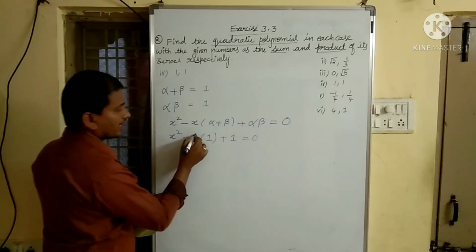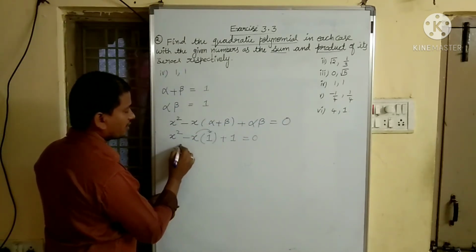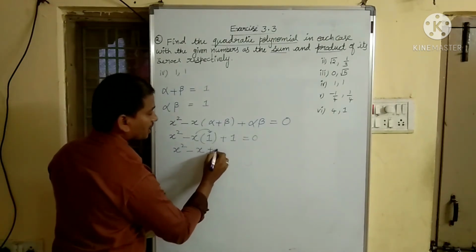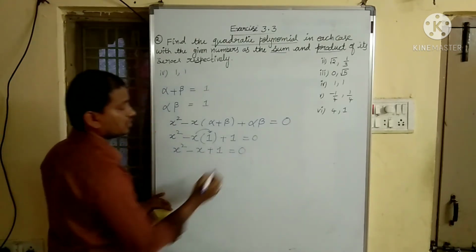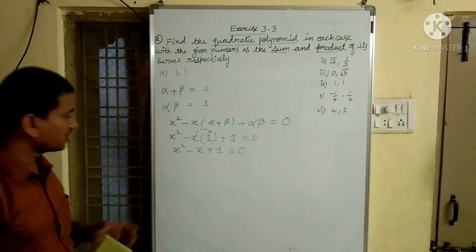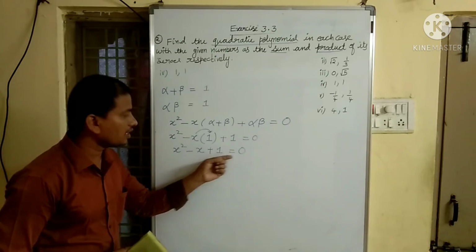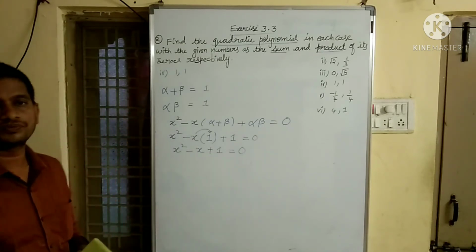Got it? So x into 1, x only, right? x square minus x plus 1 equal to 0. See, which is in the form of ax square plus bx plus c equal to 0.